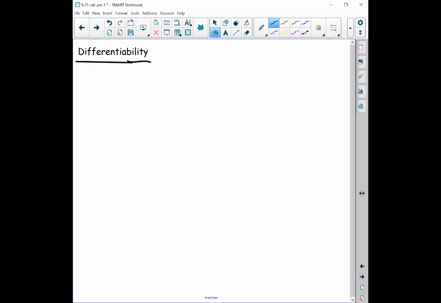So just to recall, a function, and I'm going to use a shortcut for the word function all the time because I don't want to have to write the whole word. That's Miss Bowman's way of writing function.